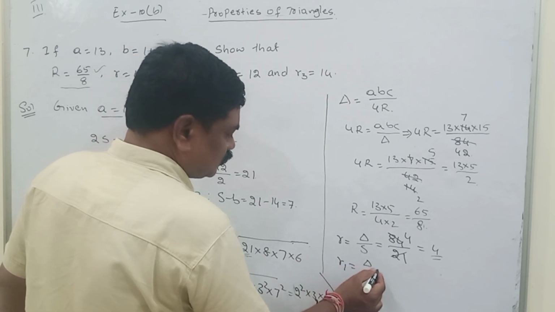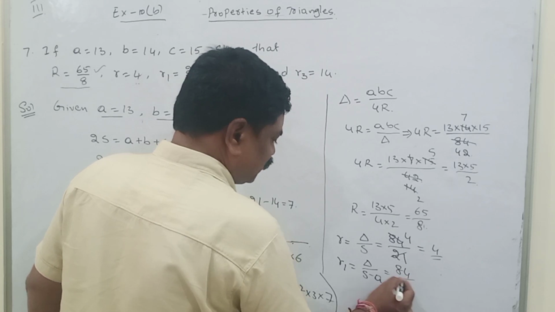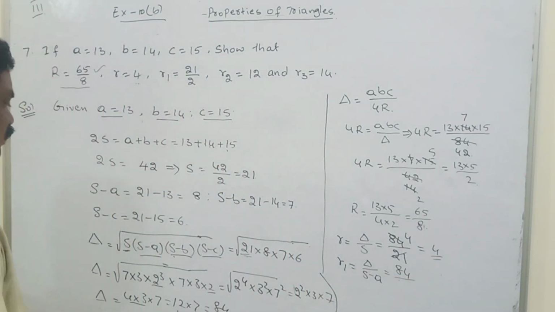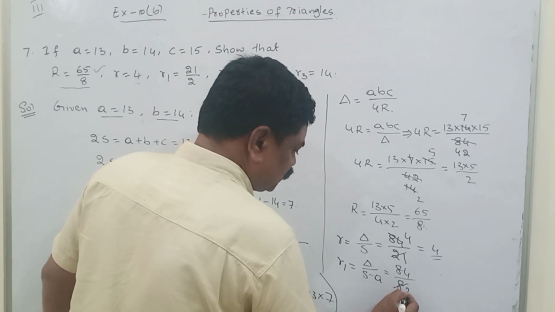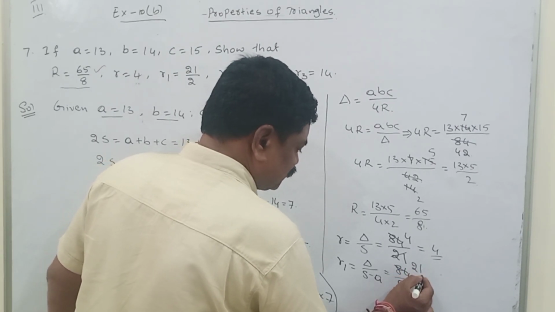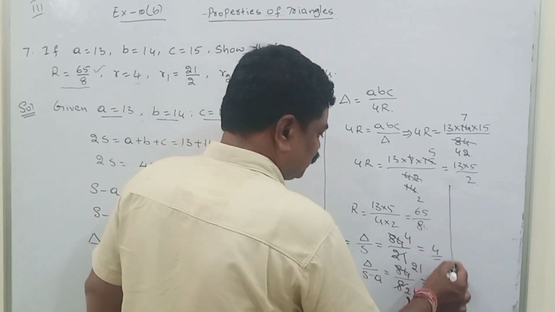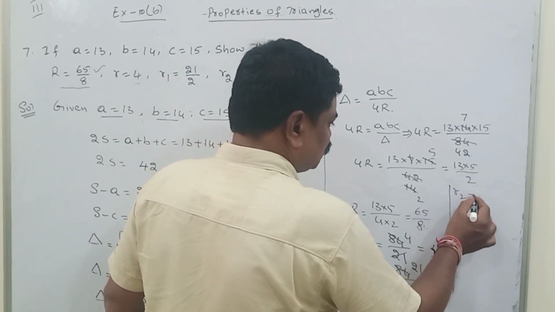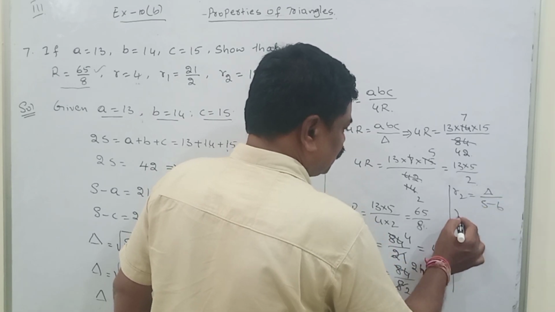R1 is equal to delta by S minus A. 84 by, what is S minus A here? 8. So 84 by 8 is 21 by 2.